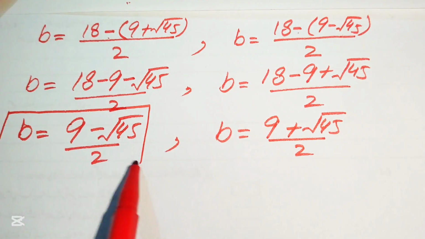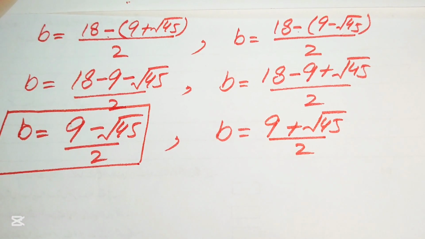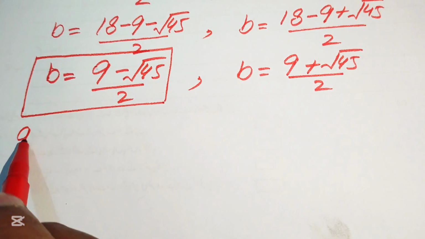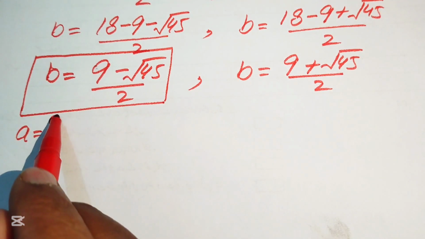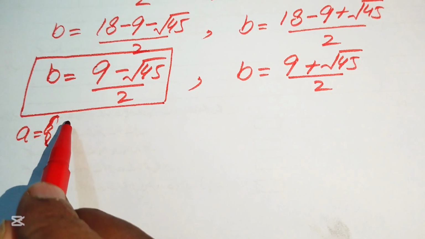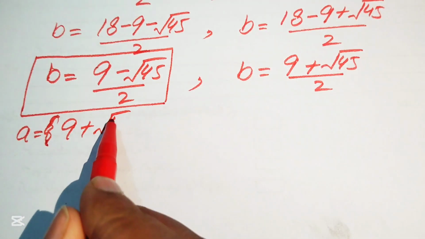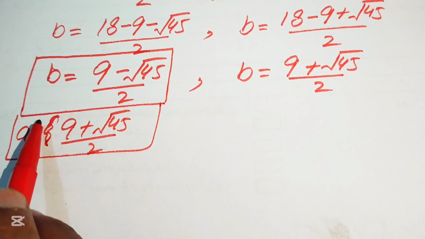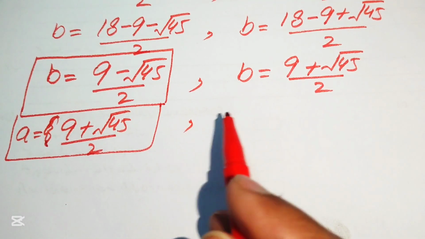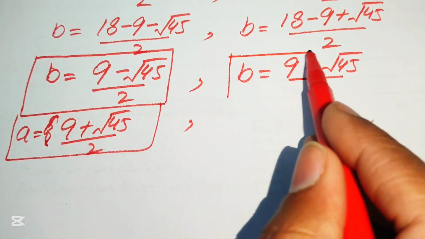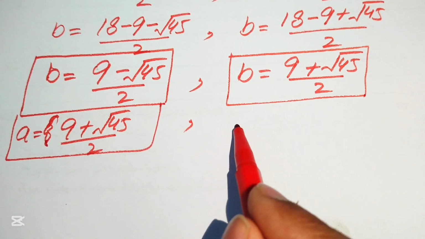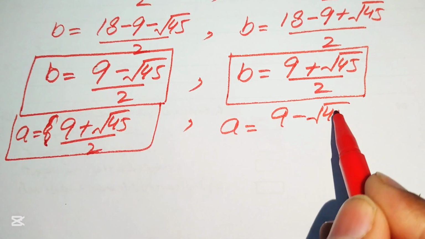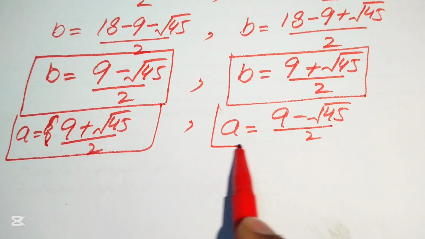So this is the value of b corresponding to the value of a, we just write it here, the value of a in that case is 9 plus square root of 45 divided by 2. So these are the values of a and b, or this is the first solution. And similarly here this is the value of b, and the corresponding value of a in that case is 9 minus square root of 45 divided by 2.